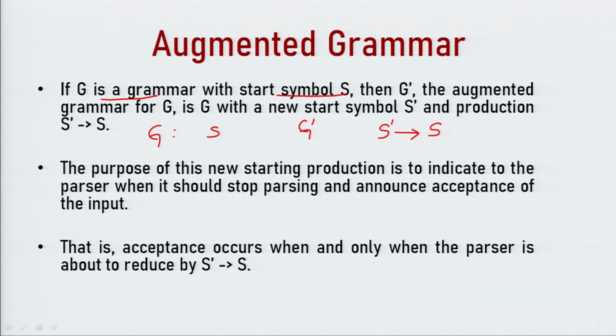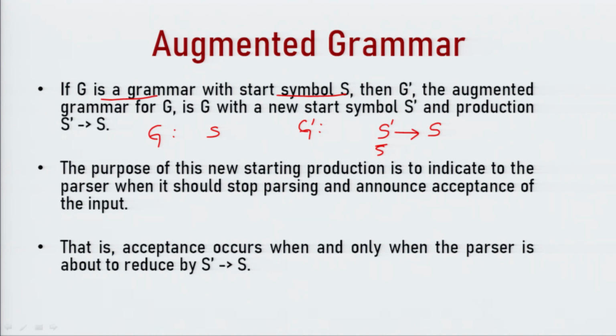Now, we will obtain the augmented grammar, called G prime, whose start symbol is S prime, and here we will add one production, S prime to S. Then we will write all productions of grammar G. This is known as the augmented grammar.